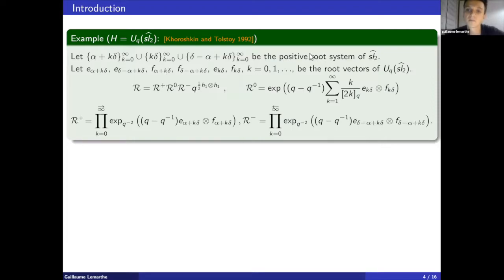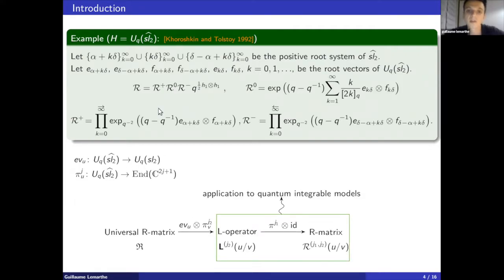Consider the positive root system of sl2 affine, and the root vectors of U_q(sl2 affine) are given by this expression here. So the universal R matrix takes this factorized form, explicitly given, and you can evaluate this expression explicitly because everything here is known.